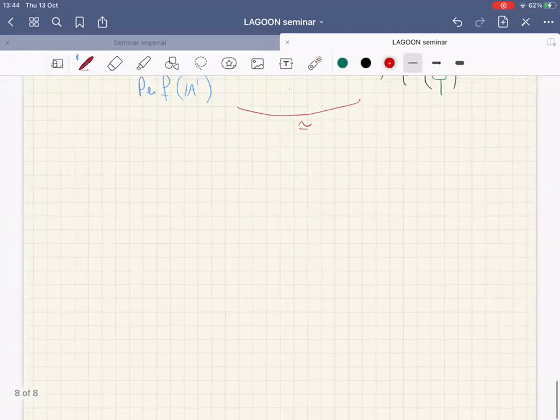So the corollary of that statement, of this new locality statement that we prove, is the following.